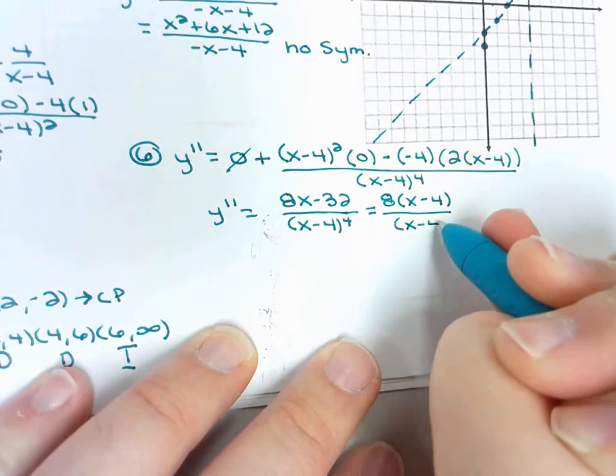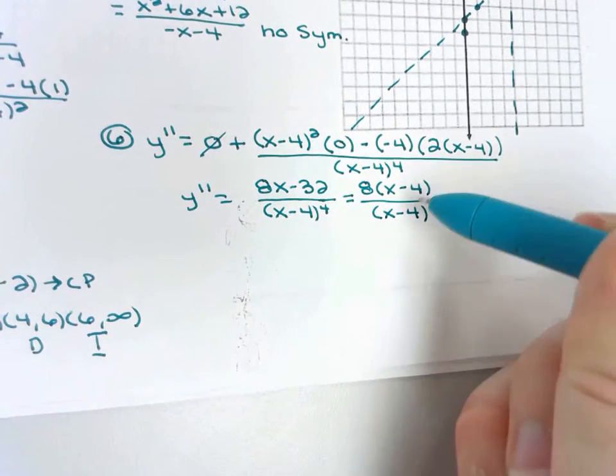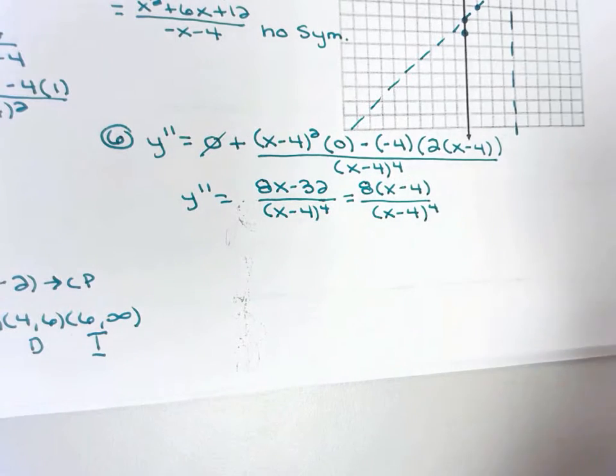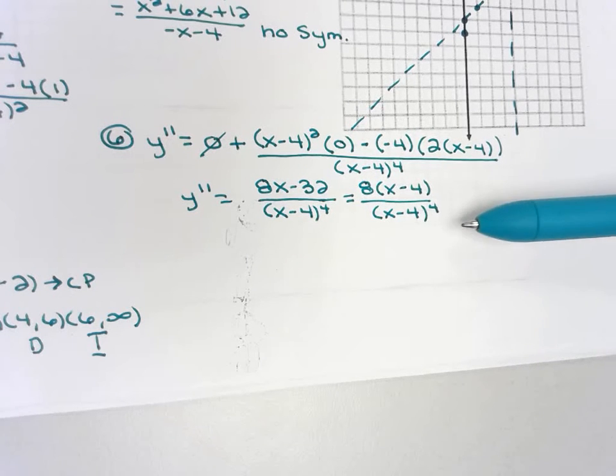So now if I simplify, be careful because I'm factoring it out. Why will there not be a hole at 4? Because usually when I factor and cancel stuff out, that gives me a hole. Because there's an asymptote, plus this is the second derivative. If you did it with the original, that's fine.